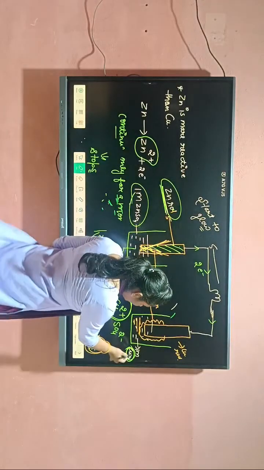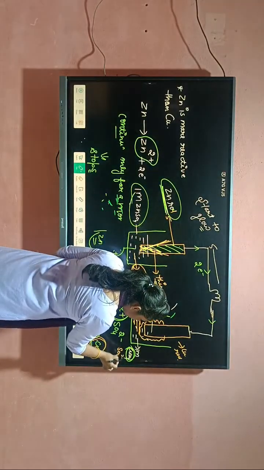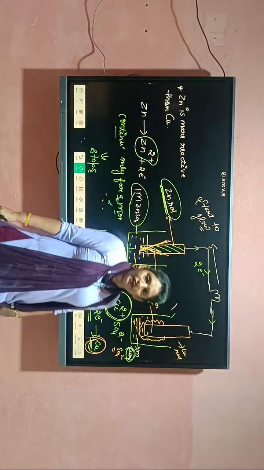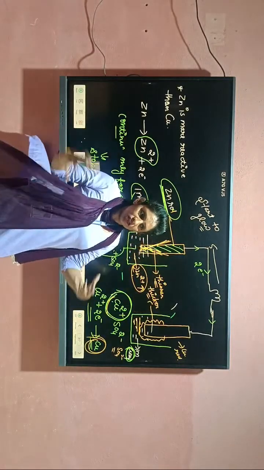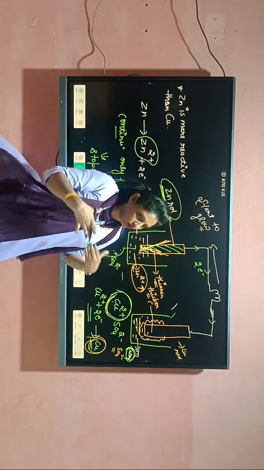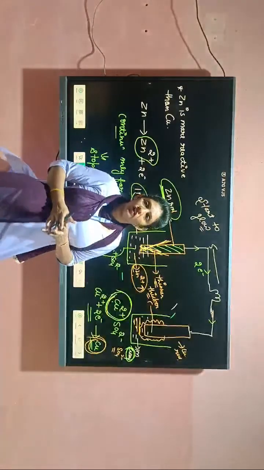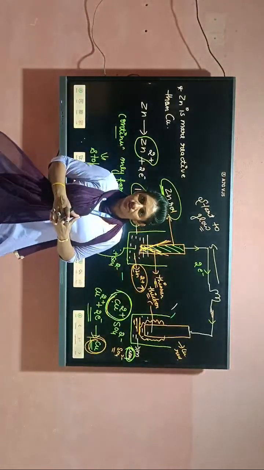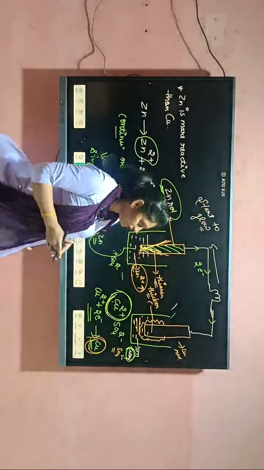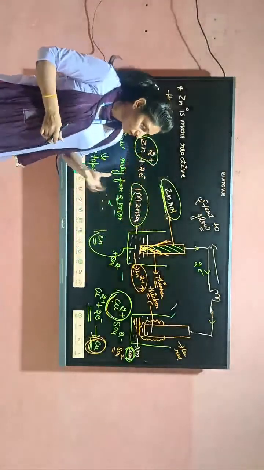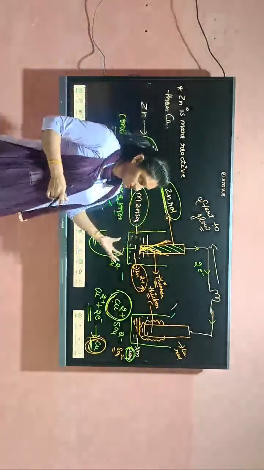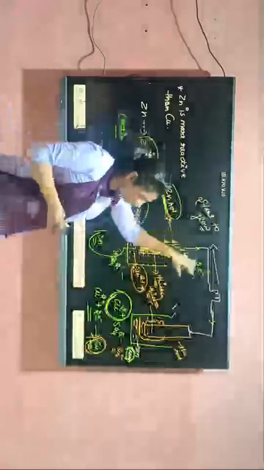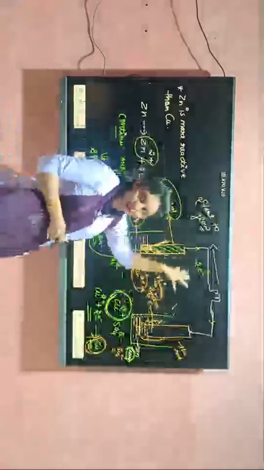Okay, then students, you can see here copper ions are converting into the copper metal. So sulfate ions are increasing here. Only sulfate ions are remaining here. Then negative ions will also repel each other. Clear or not? Then students, due to this reason, this setup works only for a moment, only for some time.